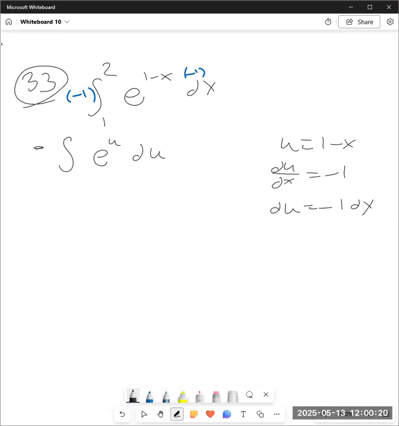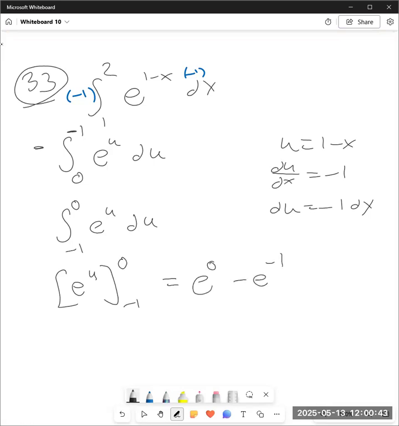1 minus 1 is 0. 1 minus 2 is -1. Top boundary is smaller than bottom boundary, so we're going to switch them, and we're going to change the sign. It's e to the u evaluated from -1 to 0, so that's e to the 0 minus e to the -1st.